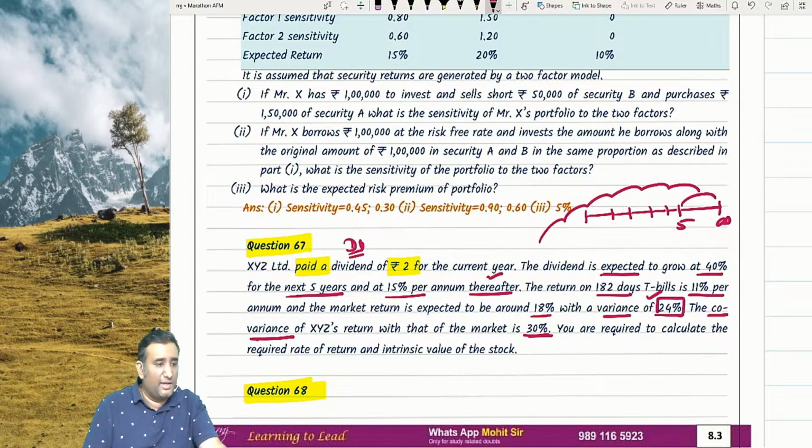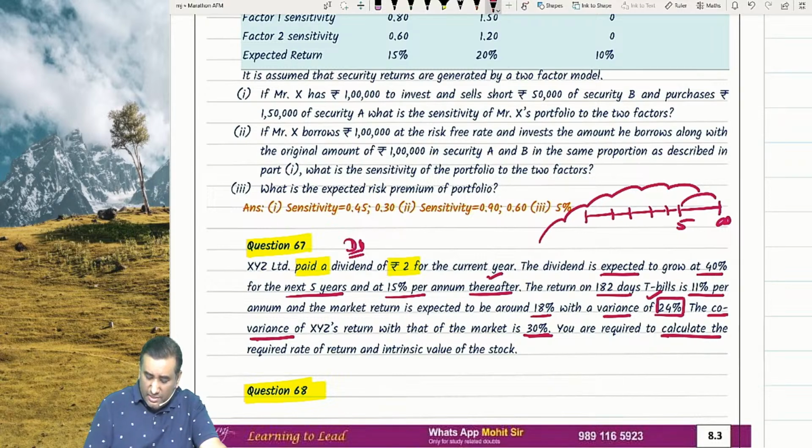When you apply the formula, covariance divided by variance of the market, since both are written in percentage they will get cancelled, otherwise it should be percentage square divided by percentage. These are some common problems with the answers which come out, and they will not change.